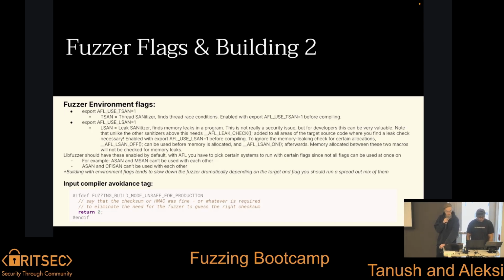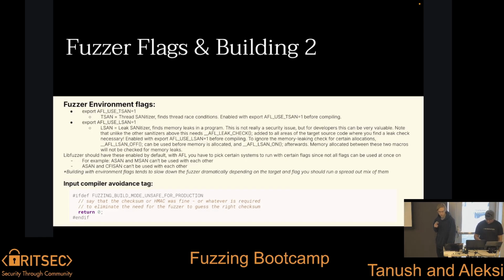And then finally, at least for this slide, we have input compiler avoidance tag. Basically, it's just a macro, the ifdef fuzzing build mode unsafe for production. This will tell the fuzzer to not spend any time exploring a certain code path.